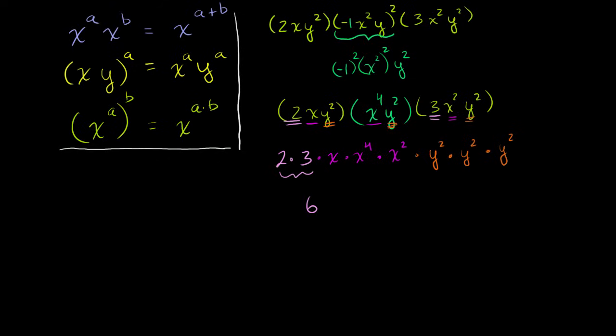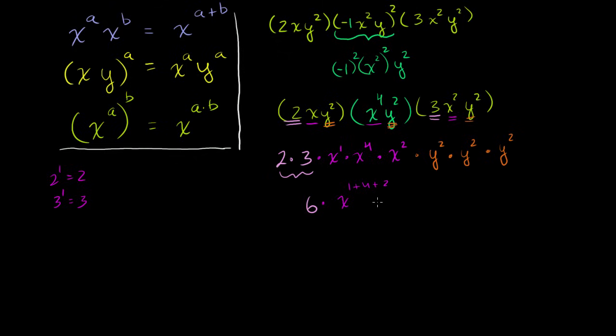And what is x times x to the fourth times x squared? Well, one thing to remember is x is the same thing as x to the first power. Anything to the first power is just that number. So 2 to the first power is just 2, 3 to the first power is just 3. So this is going to be equal to, we have the same base, x, so we can add the exponents: x to the 1 plus 4 plus 2 power, and I will add it in the next step.